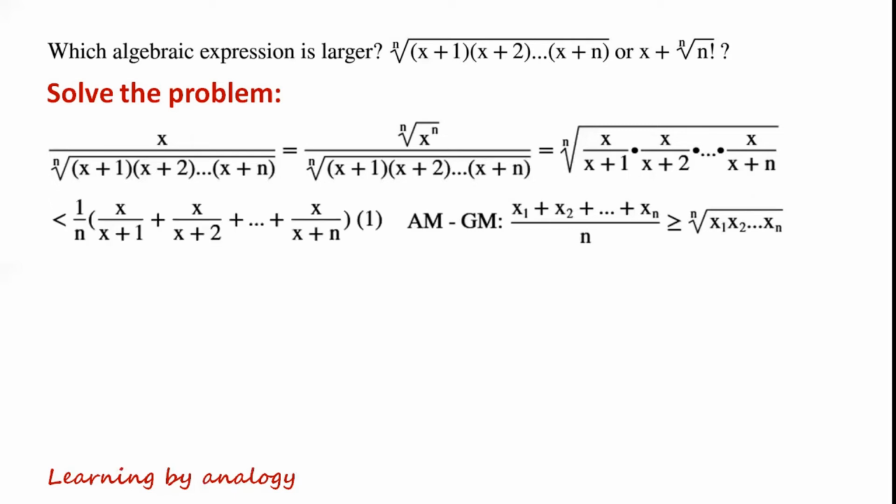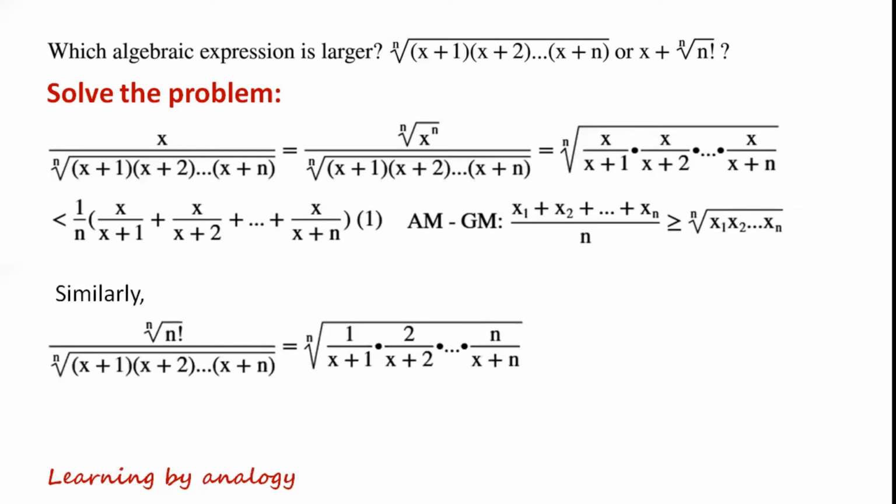So we can write that this is less than 1 over n times (x over x plus 1 plus x over x plus 2 plus so on plus x over x plus n).